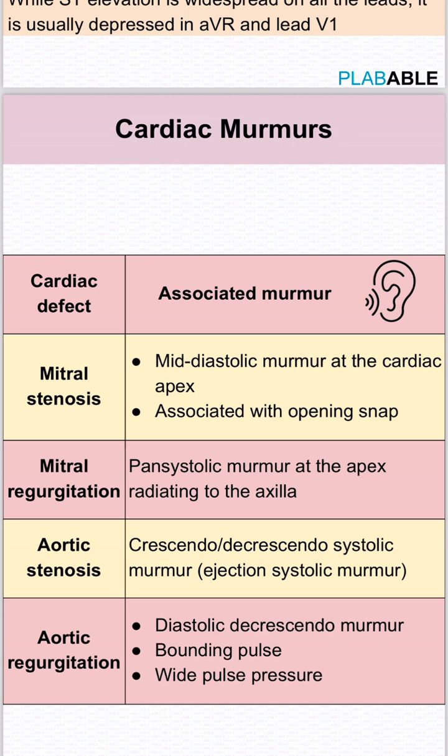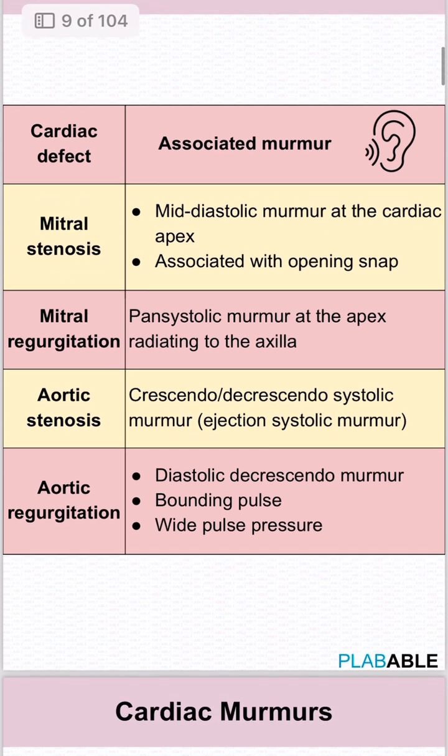If a patient develops mitral stenosis, he will have a mid-diastolic murmur at the cardiac apex, associated with an opening snap. In mitral regurgitation, it will also be auscultable at the apex, but there will be a pansystolic murmur at the apex radiating to the axilla.